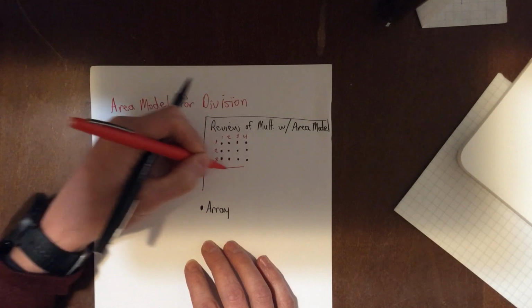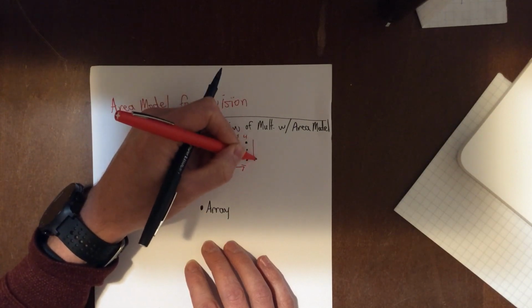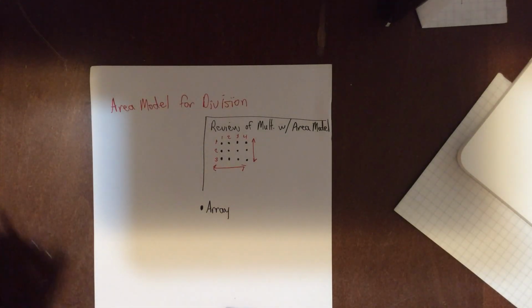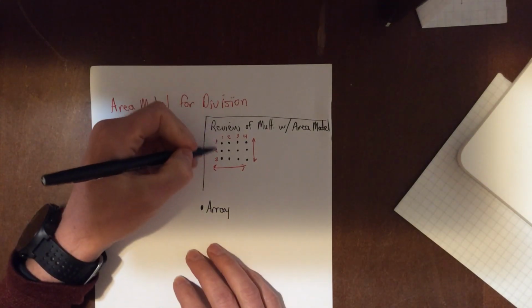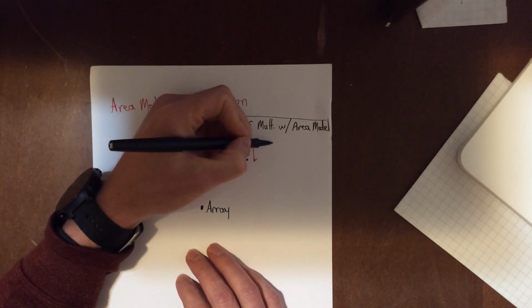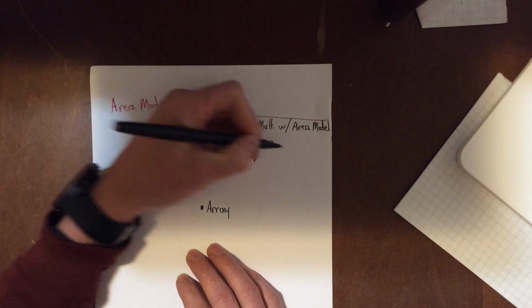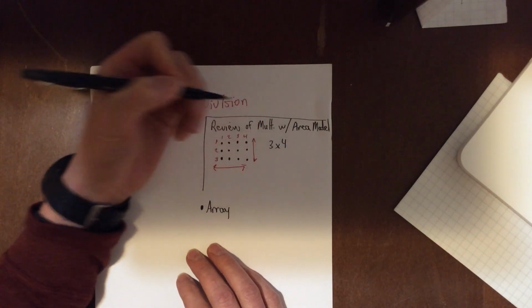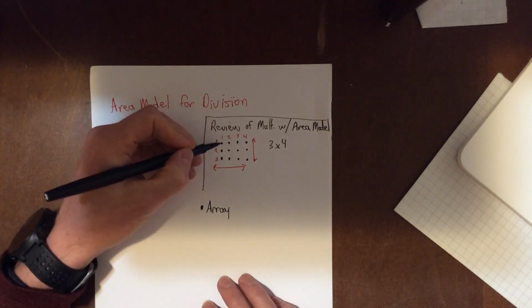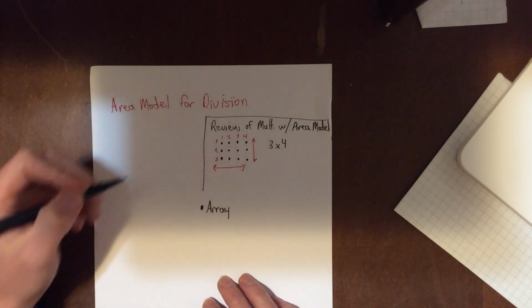So remember, rows go that way, columns go that way. Okay? So my array here is a 3 by 4 array. Okay? Because I have 3 rows by 4 columns.